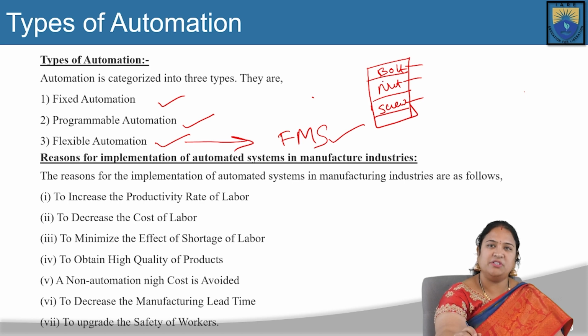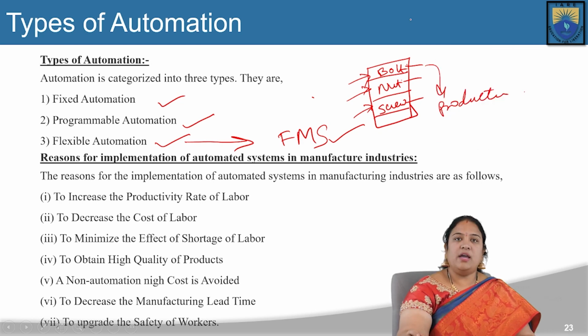In one particular machine we are giving three different programs, and accordingly, flexibly, whatever is the requirement, the production is being done, right? The production is being done in the flexible manufacturing system.